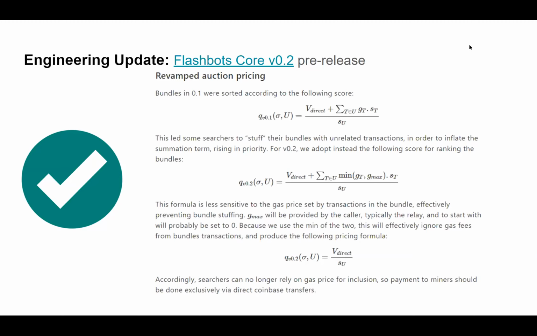And this allowed for some less profitable bundles to end up landing on chain. Still within a very reasonable margin of error, but regardless, in an attempt to mitigate some of these issues, we've effectively removed gas prices from the bundle scoring equation.